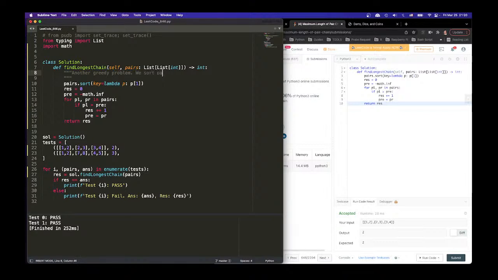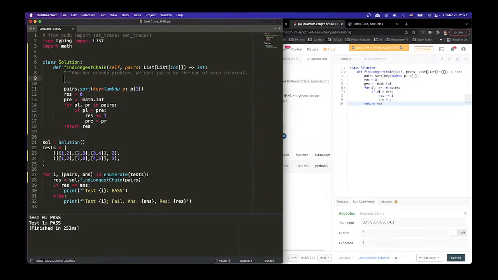We sort pairs by the second element, by the end of each interval. Each time we try to pick the interval with the smallest end.